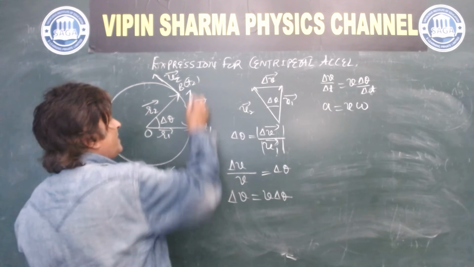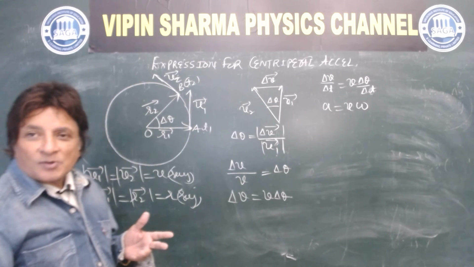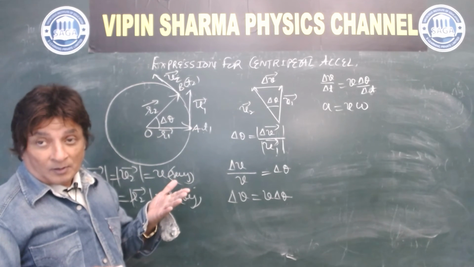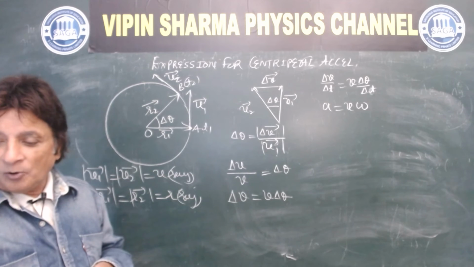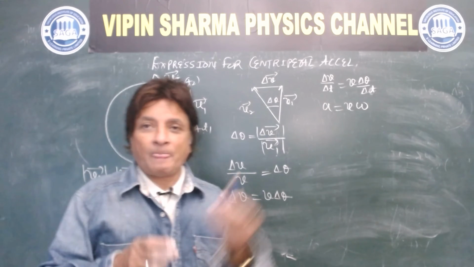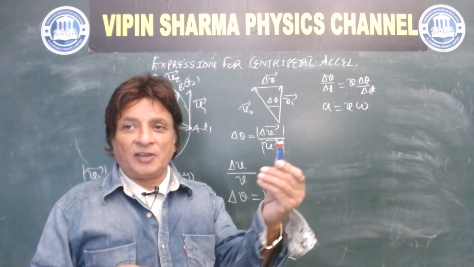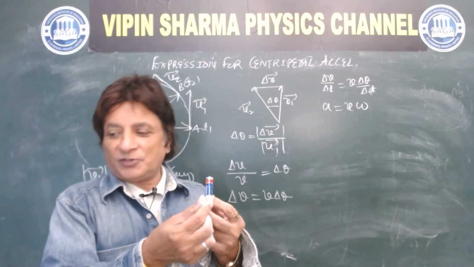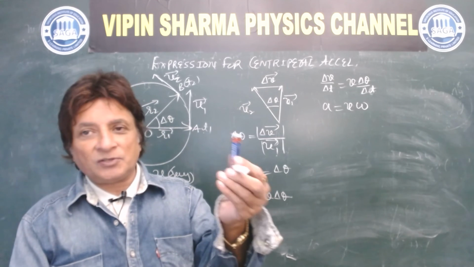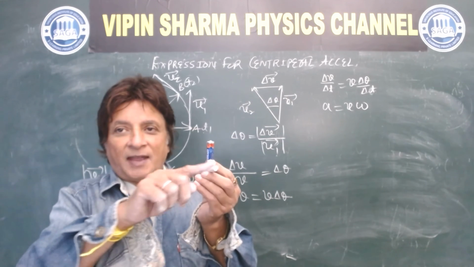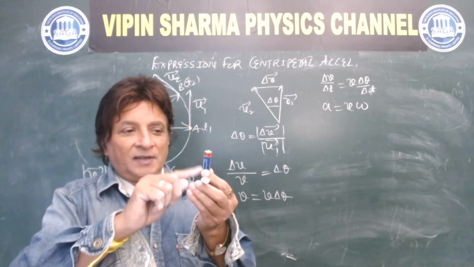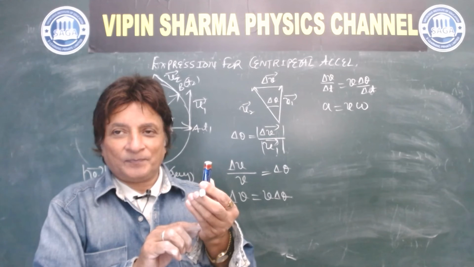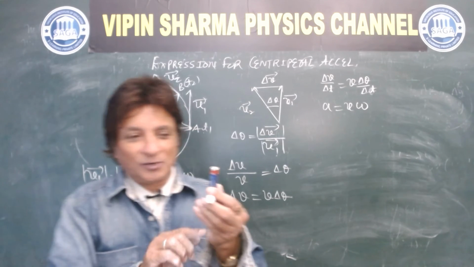And the velocity vector v is perpendicular. This is the angular velocity and this is the linear velocity. Got it?